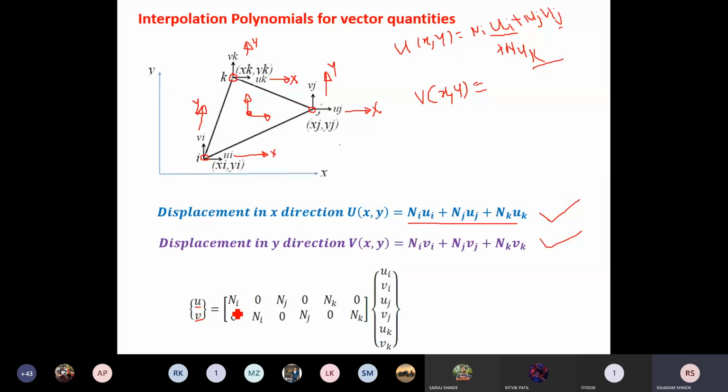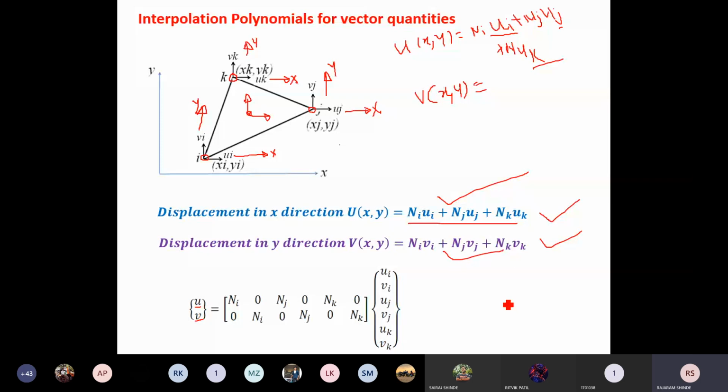Now if you write the first equation, Ni into Ui plus 0 into Vi, that term will become 0. Nj into Uj plus 0 into Vj plus Nk into Uk plus 0 into Vk. Now can you get this equation? Now second equation, 0 into Ui, Ni into Vi, 0 into Uj, Nj into Vj, 0 into Uk, Nk into Vk. You will get this equation.